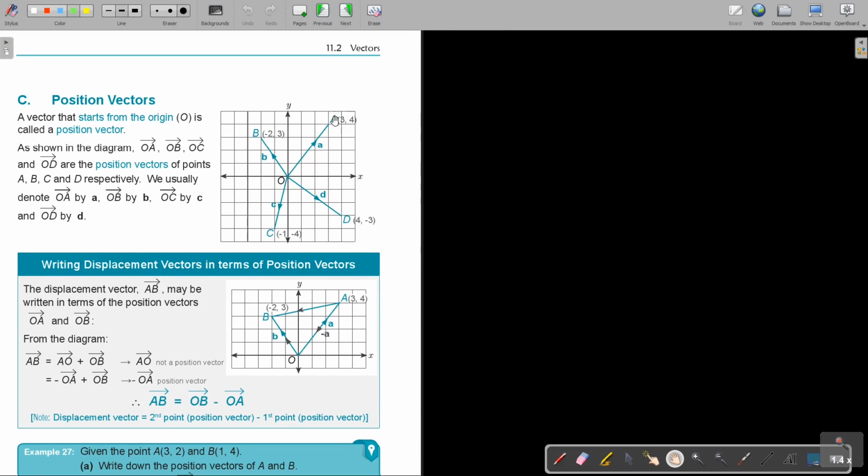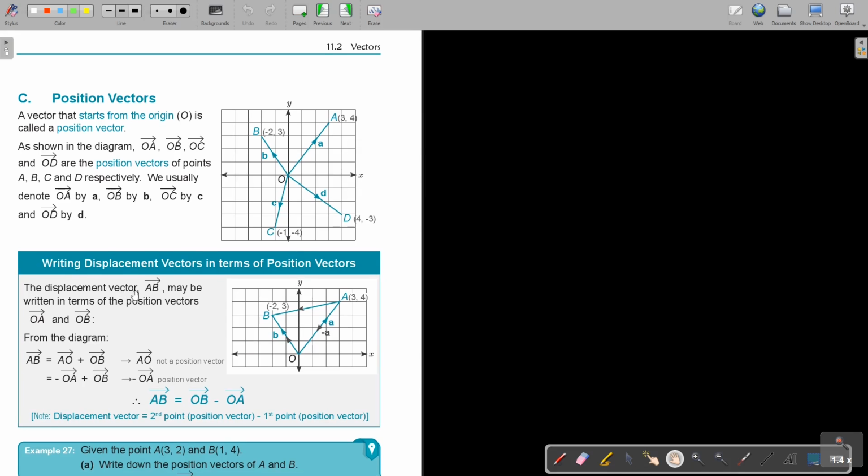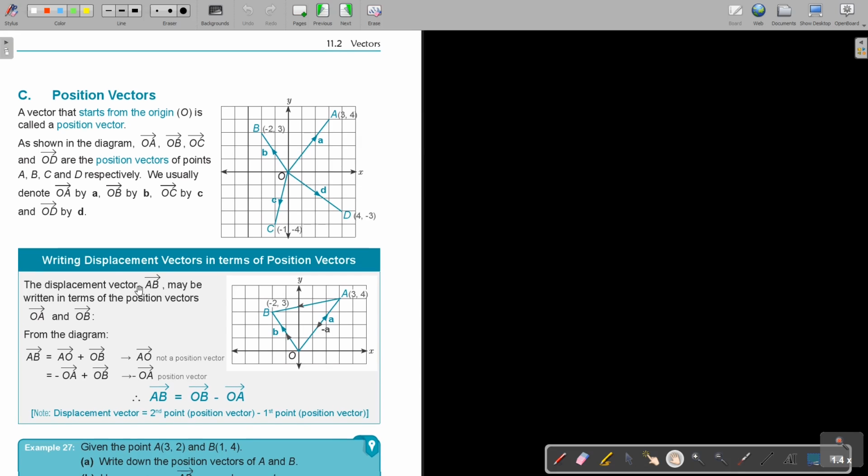So it's OA, OD, OC. That's position vectors. Sometimes you get this, but it's more for AS level that you will get this. The displacement vector AB is not a position vector. It must start with an O, meaning origin, if it's a position vector.